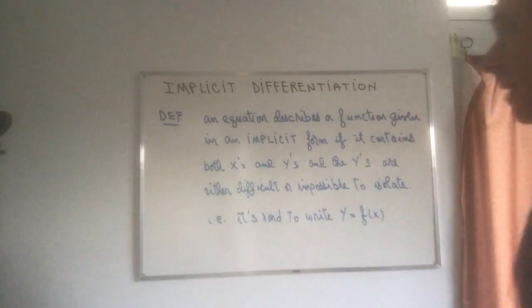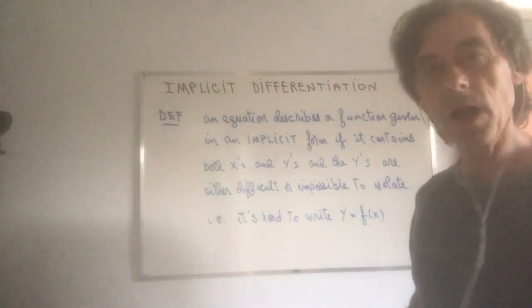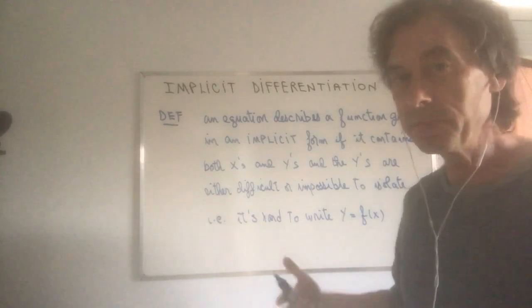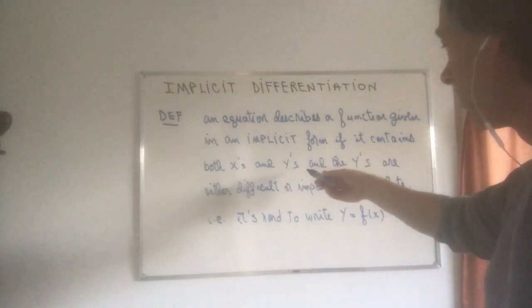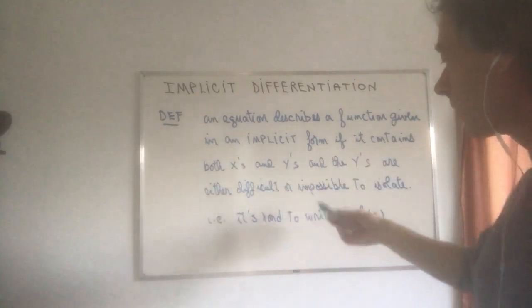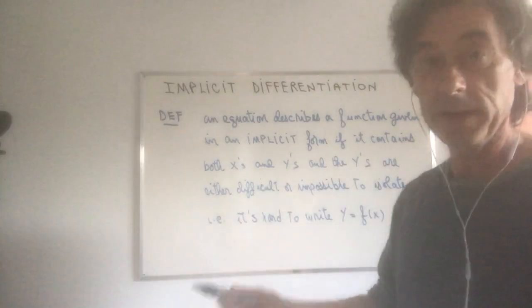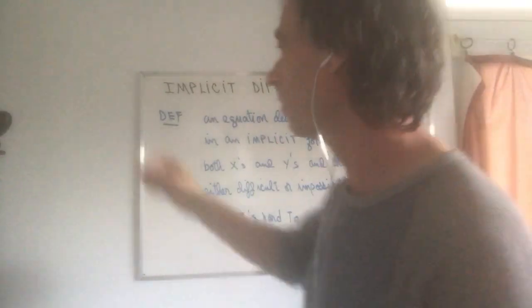So that's what an implicit function is. Not an implicit derivative yet, but an implicit function. So it's a function that contains x and y, and the y's are actually difficult to isolate. Let me show you an example of what I mean.